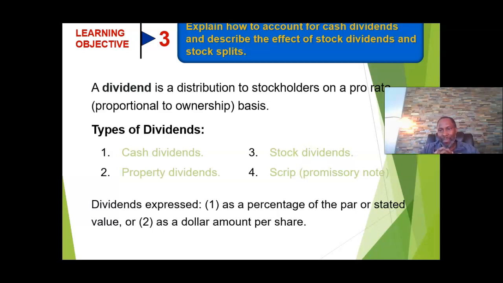So they may say, rather than giving you cash, for every 10 shares of stock you own, or 100 shares of stock you own, we're going to give you one additional share of stock as a form of a dividend payment. So with a stock dividend, rather than paying out cash to the stockholders, you're going to give them stock as a form of a dividend payment.